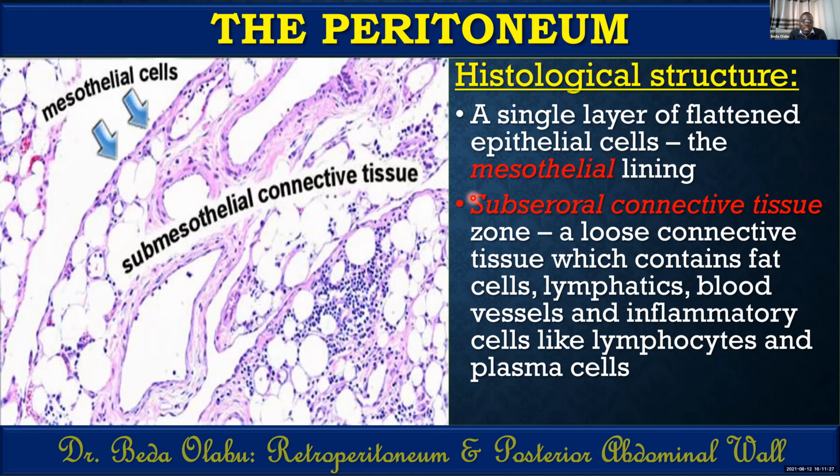You can call it submesothelial connective tissue. That subserosal or submesothelial connective tissue practically contains a number of fat cells, as we can see here, lymphatic tissue, as we can see in this one, perhaps a blood vessel like that one, and different cell types indeed, which are cell types of the immune system.